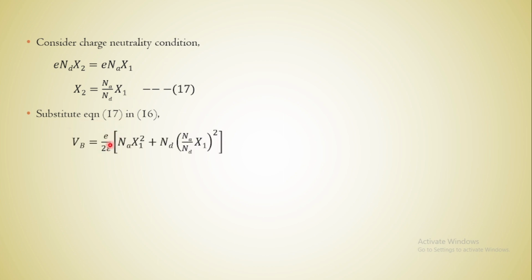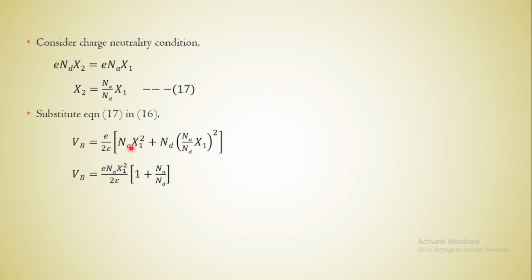So Vb will be equal to e by 2 epsilon as it is, Na into x1 square as it is, plus in place of x2 square we substitute Na by Nd times x1, whole square. Simplifying this equation, we can see that x1 square is common and can be taken outside, and also 1 Na can be taken outside.